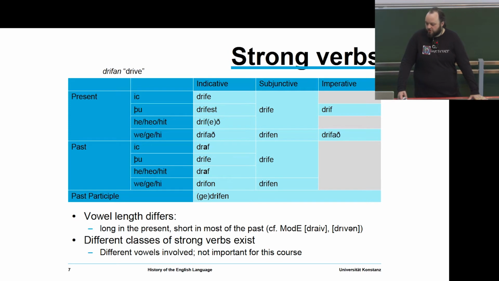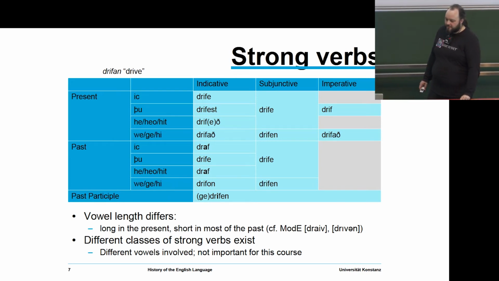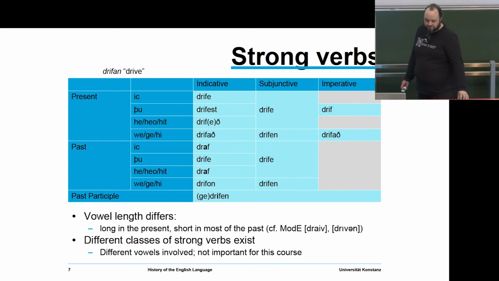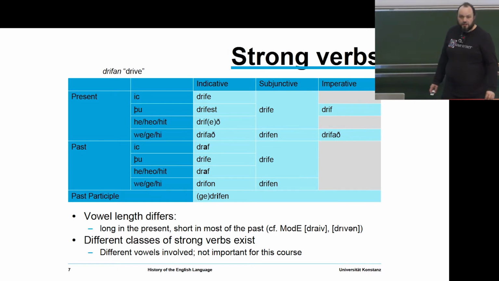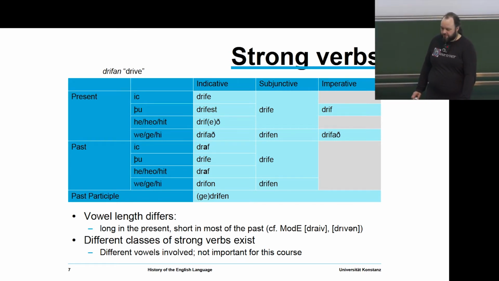And that's the really crucial thing here, because this is quite a major typological feature of Old English, that you have these different vowels in the past tense. Again, it's not dissimilar to the way that German works in this regard, but the precise vowels are different.